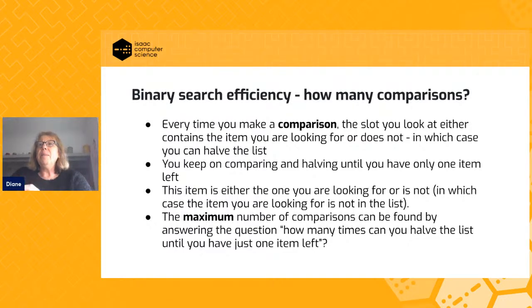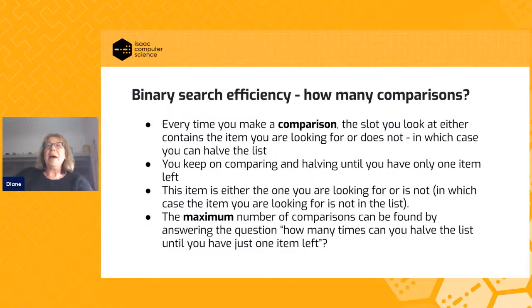Then we keep comparing and halving, and eventually, unless we find it earlier in the process, we only have one item left. In which case, as we said before, this is either the item we're looking for, or we can be totally certain that the item isn't on the list. So the answer to how many comparisons can be determined by answering the question: how many times can we halve the size of the list until we have just one item left?